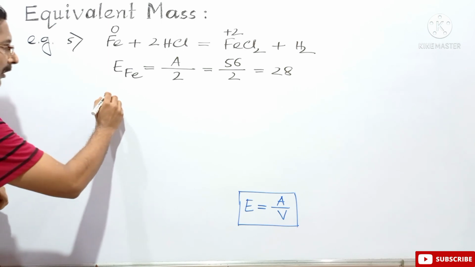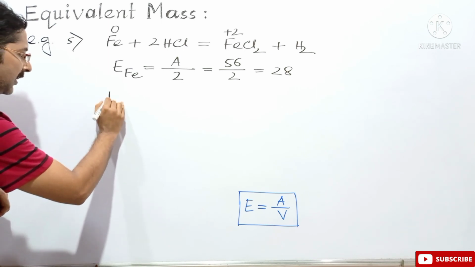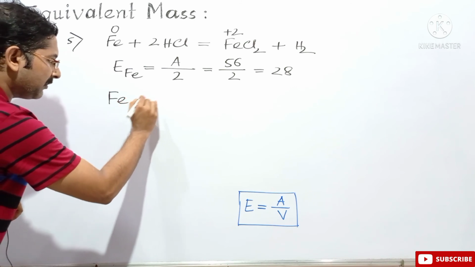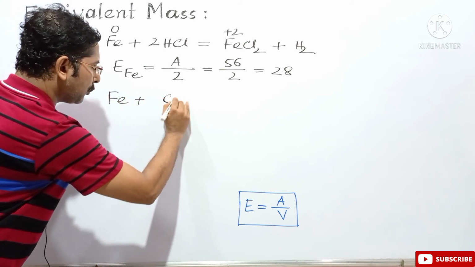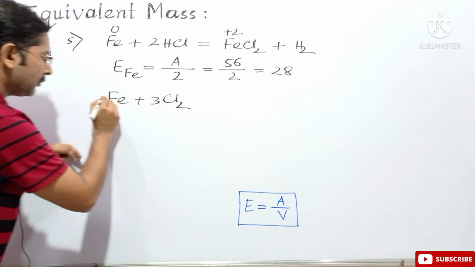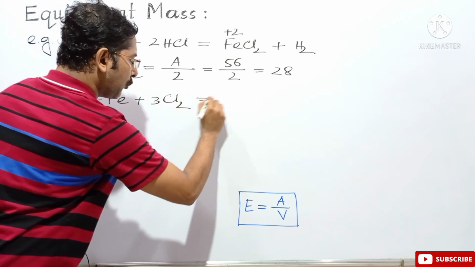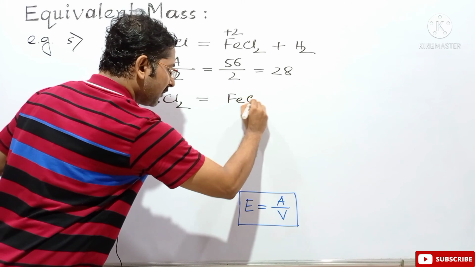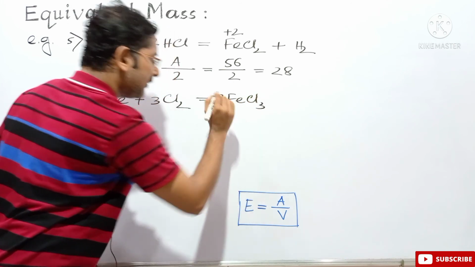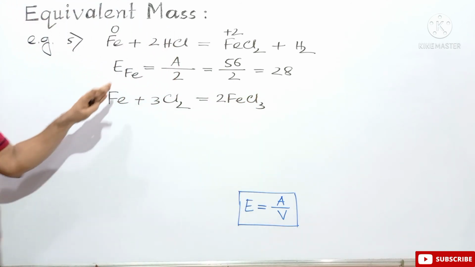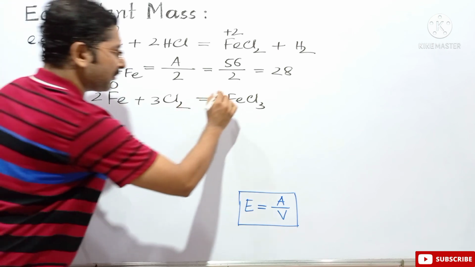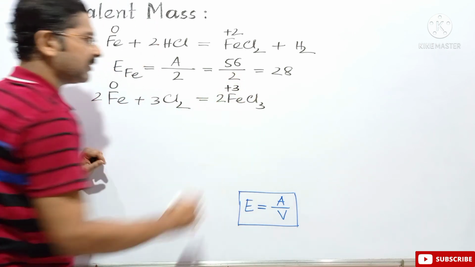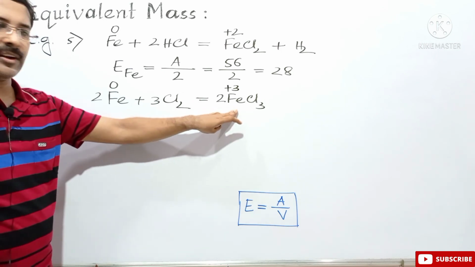But take the example of red hot iron reacting with chlorine to form ferric chloride, FeCl3, right? So in this reaction Fe is oxidized from its 0 oxidation state to +3 oxidation state, or ferric ion is present there.